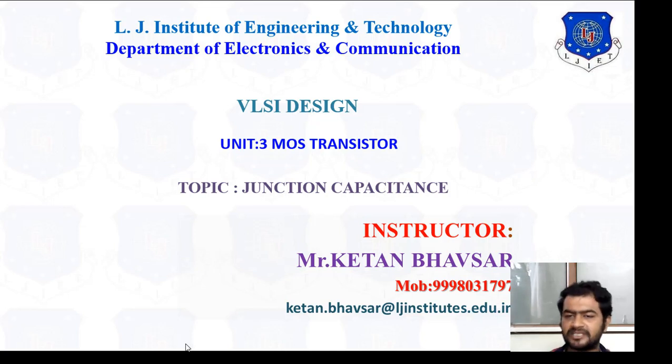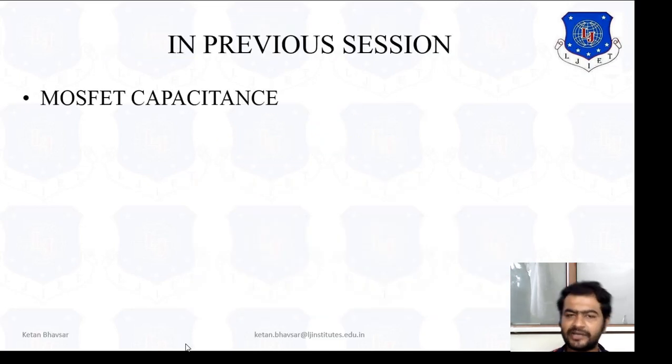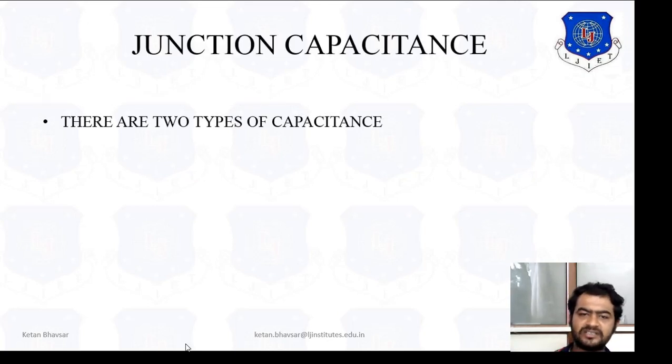We worked on the oxide related capacitance, and also studied the different types of voltage variations in terms of the cutoff region, linear region and saturation region. So now we move on to junction capacitance.